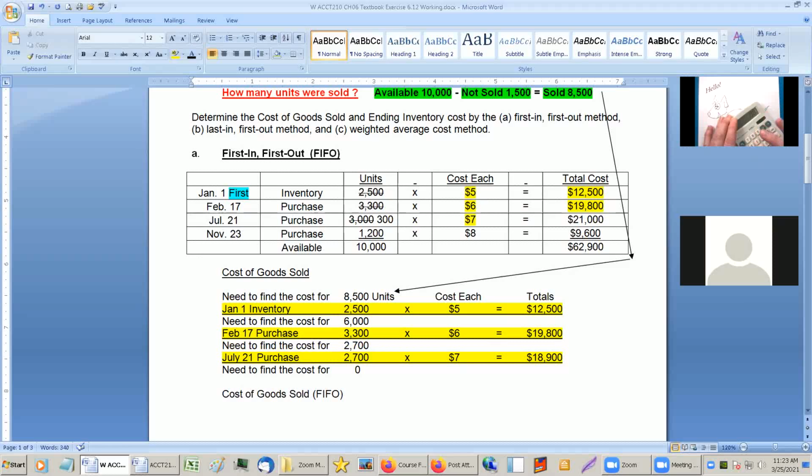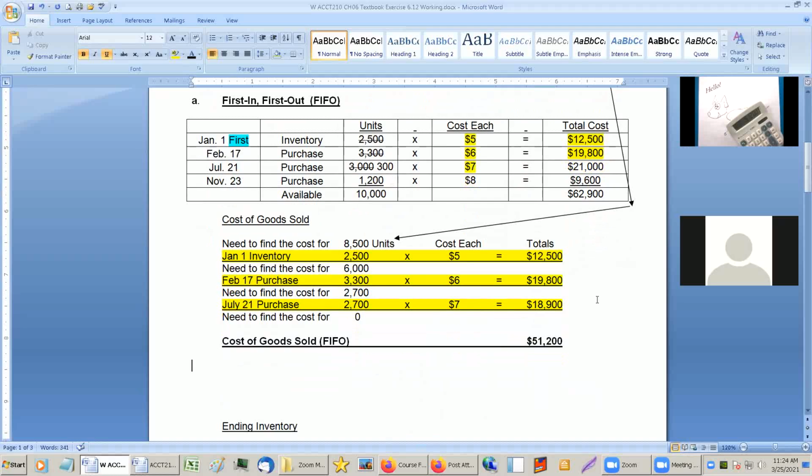Plus 51,200. So that will be our cost of goods sold.